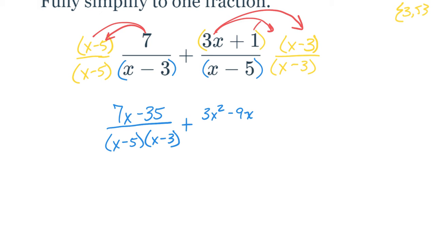We would then move to the 1. 1 times x, of course, is 1x, so I'm not going to write the 1, I'll just leave it like that. And then lastly, I will distribute the 1 to the negative 3. 1 times negative 3 is negative 3. And again, we'll put our denominator back as it was, x minus 5 times x minus 3.